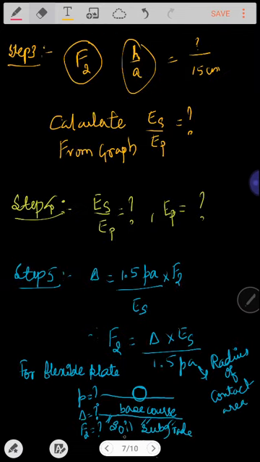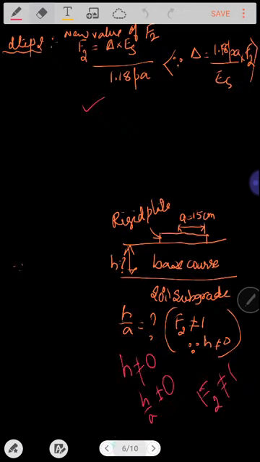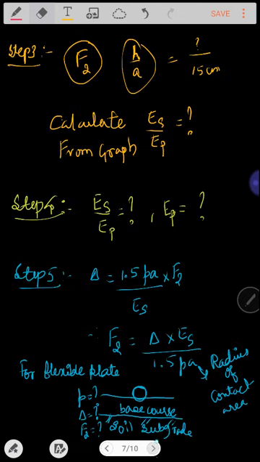But now we are considering that this base course is subjected to the wheel load, not a plate load. Actually in practice, all the flexible pavements that are constructed over the base course will have wheel loads coming over them, not the plate load. So for that, the value of F2 has to be determined.